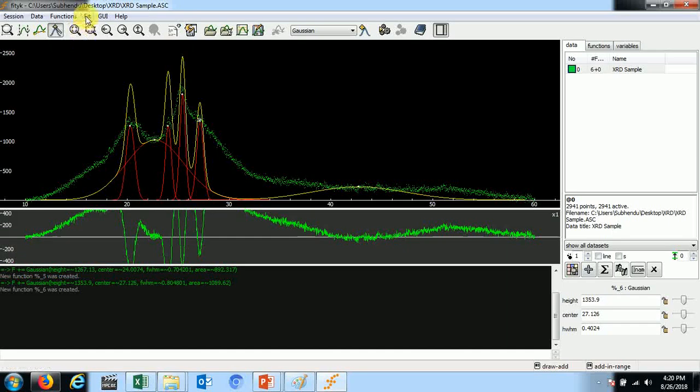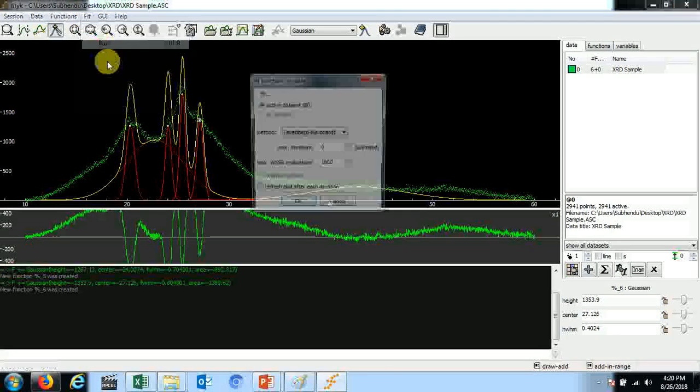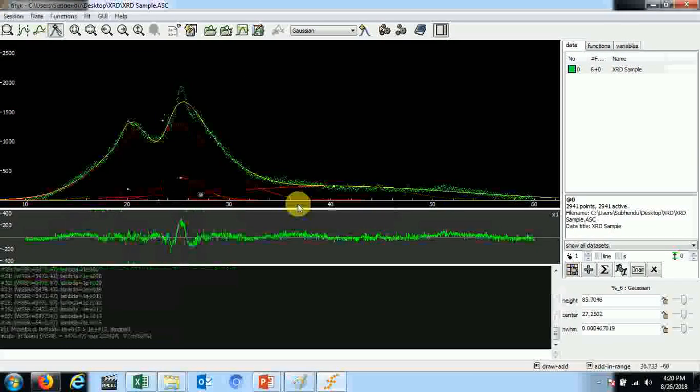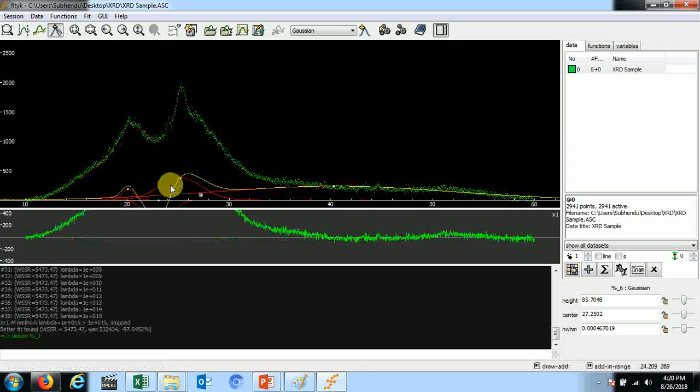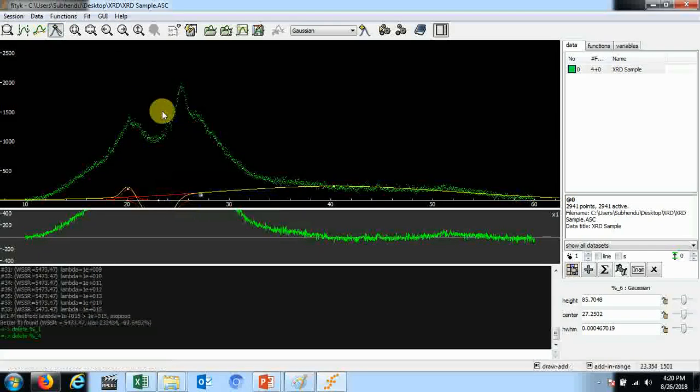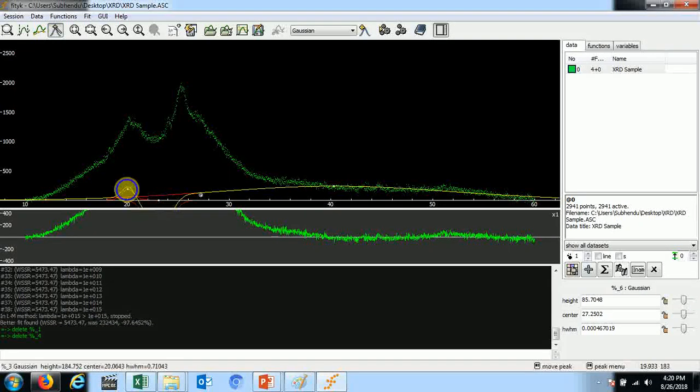Now we are fitting, run. After fitting, in this case, if something goes wrong, it can go towards lower in the negative direction, which shows the fitting is not proper. So let me delete some of the peaks.